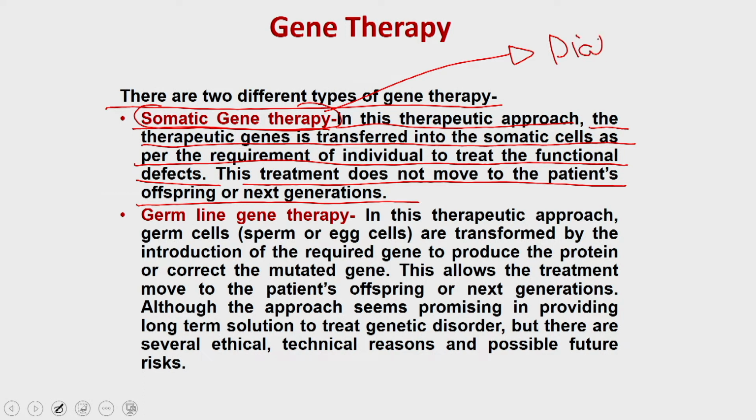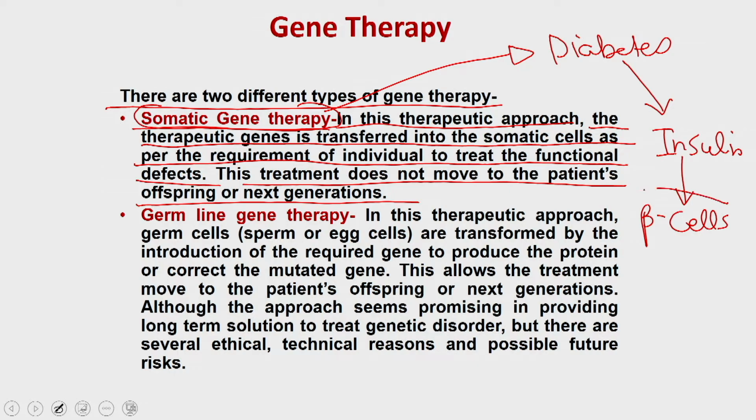If somebody is suffering from diabetes because they cannot produce insulin, then you can recombinantly clone the insulin A and B genes into a recombinant DNA, and then deliver that to the beta cells.